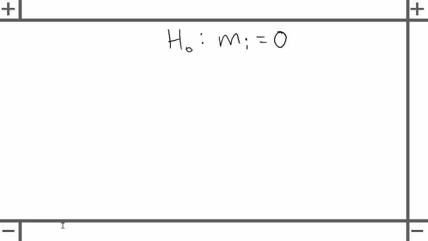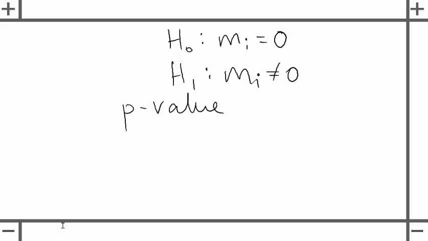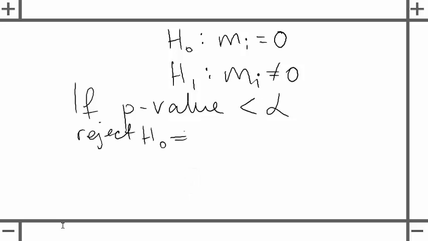We can replace the slope with 0. And the alternative is always that the slope for each variable is not equal to 0. And then we find the p-value and compare it against alpha. If the p-value is less than alpha, that means you keep the null... no, reject null, sorry. Reject. If the p-value is less than alpha, you reject null, and therefore the variable is significant. It has to stay in the model.